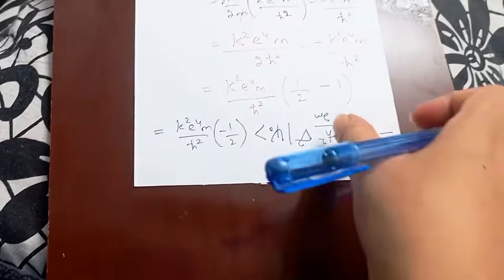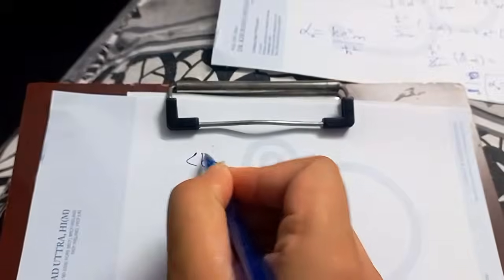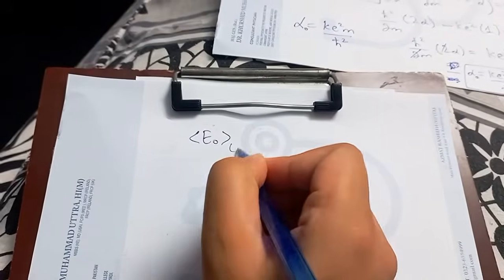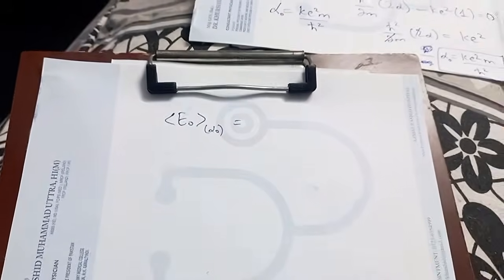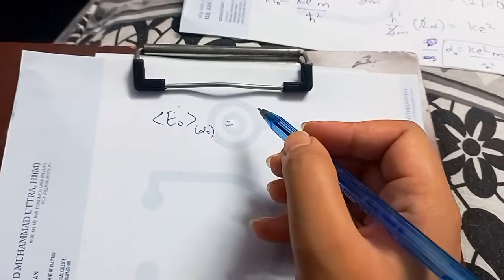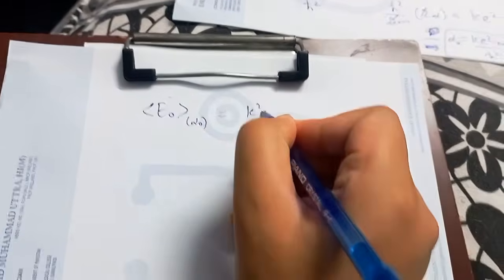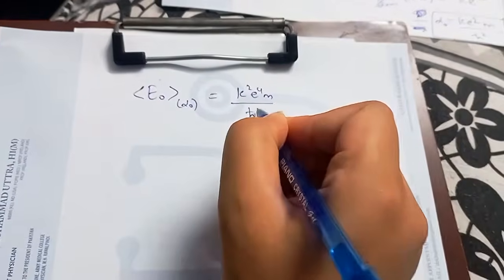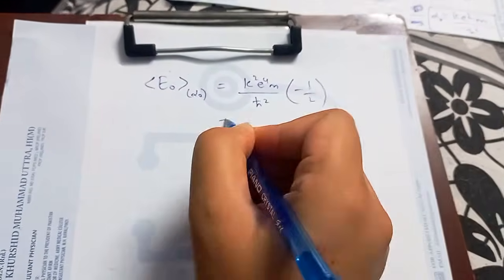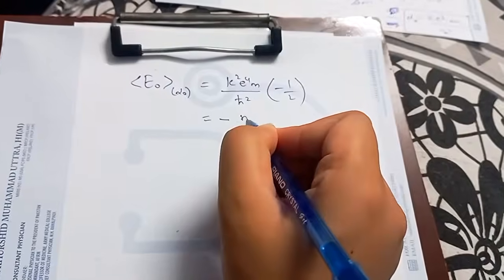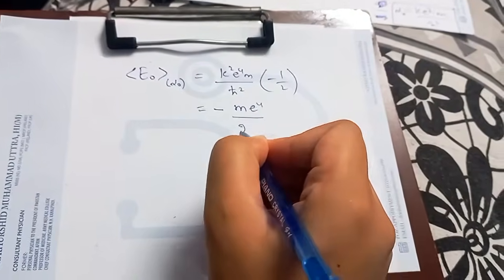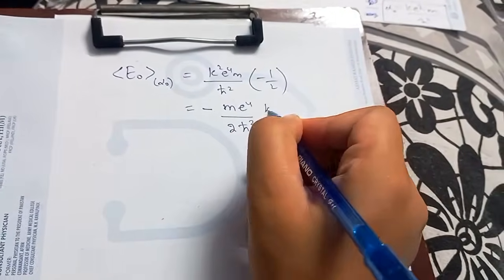And the ground state energy that we finally got, at alpha naught, which is actually the ground state energy, is equal to k² e⁴ m/ħ² times minus 1 over 2, taking the minus here, minus m e⁴/(2ħ²) k².